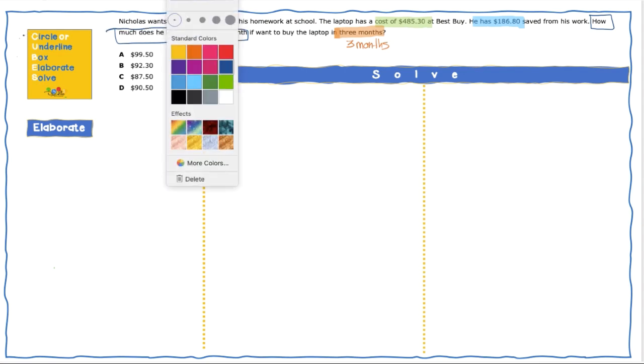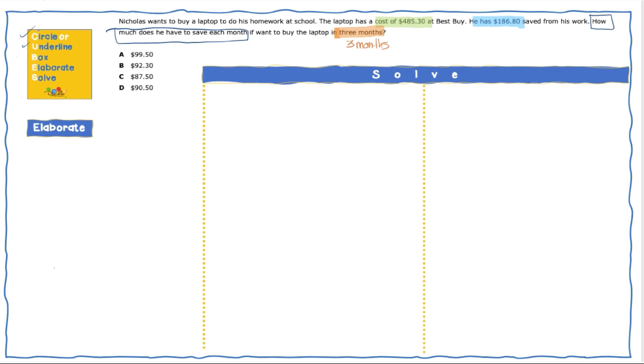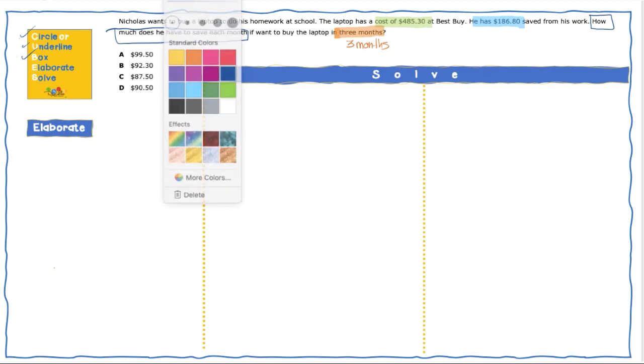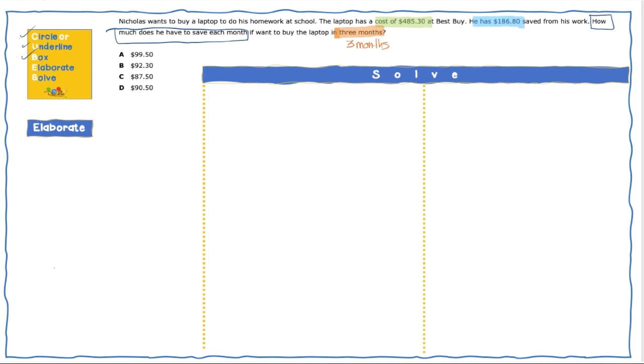So far I did circle or underline, and box the question, and now I'm going to elaborate. The item that he wants to buy is a laptop. Let's pretend this is our laptop, with the keyboard and the screen.